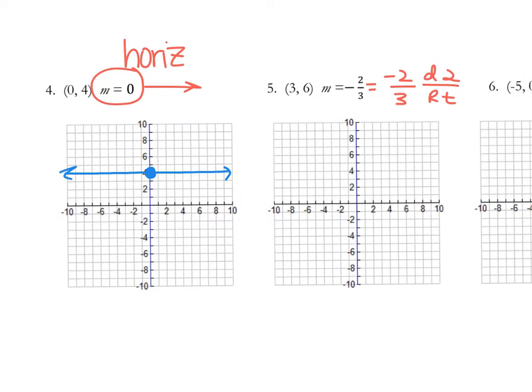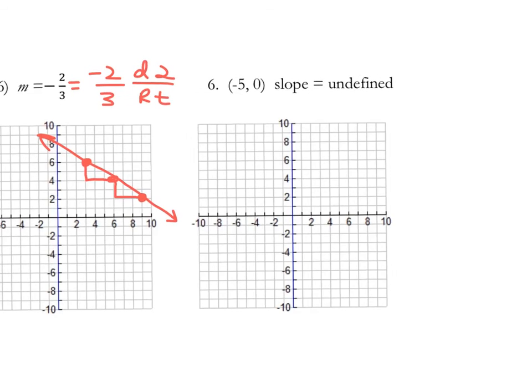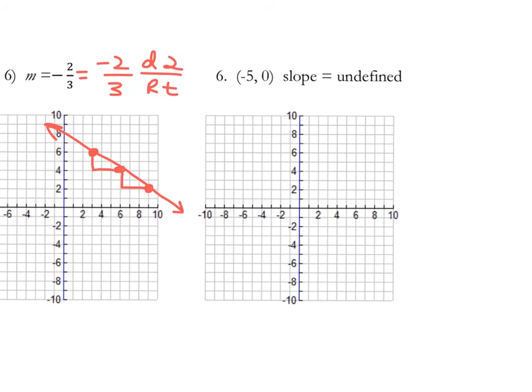Okay, let's plot the point, 3, 6. Down 2, right 3. Down 2, right 3. And there's that line. On Notability, you can make your lines much prettier and straight. Last example on this page.